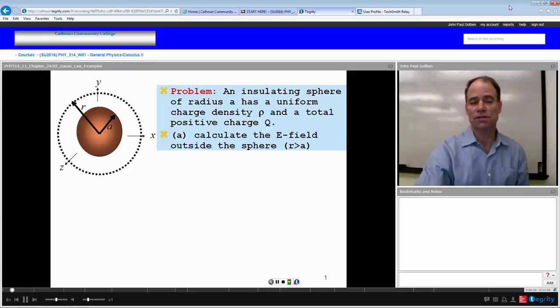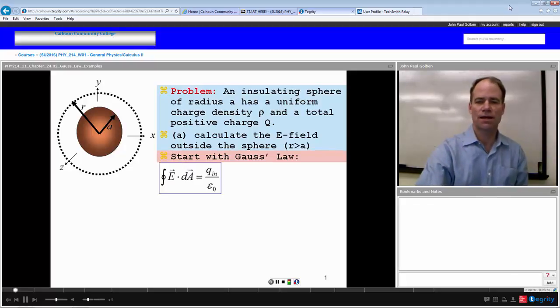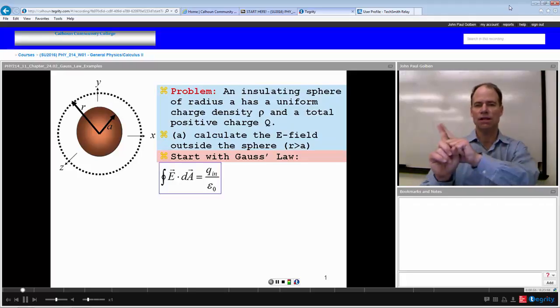Well, we're going to construct a Gaussian surface of arbitrary radius r, where r is greater than the radius of the sphere itself, A, and we're going to apply Gauss's law to that surface. So we're going to have E dot dA on that surface is equal to the charge enclosed over epsilon naught. Like before with the Coulomb's law derivation, we're going to find that the E field is emanating radially outward in all directions.